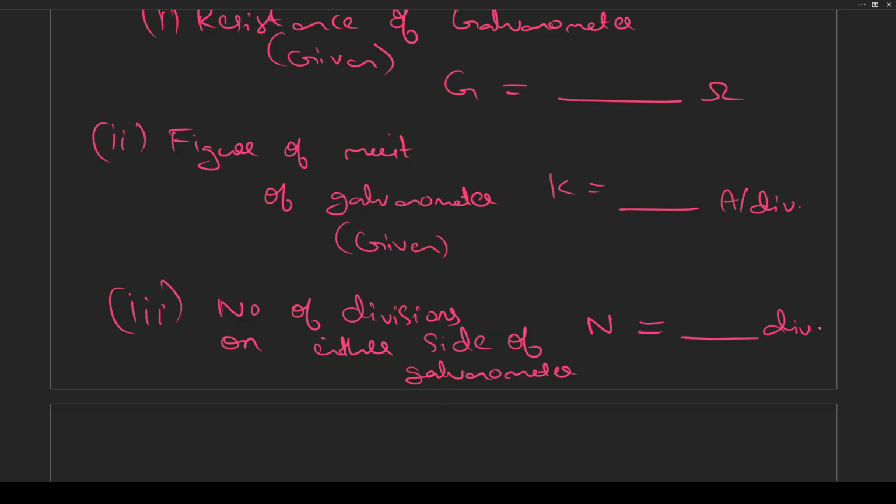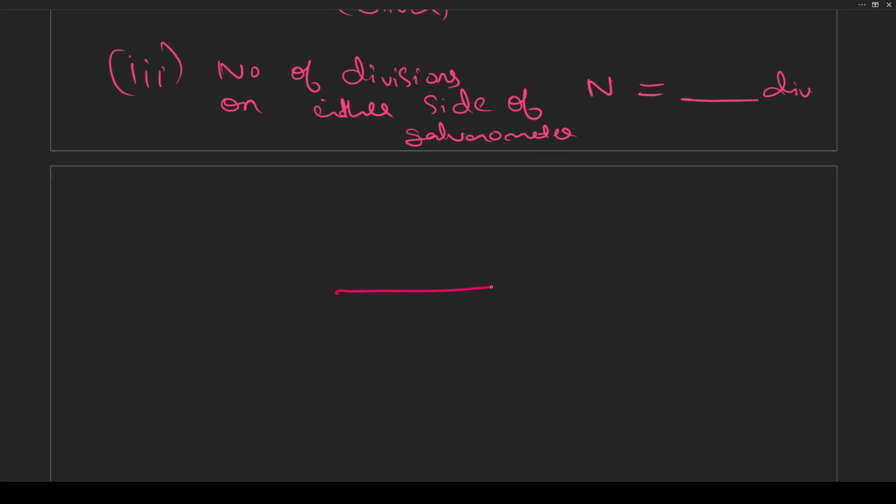It is nothing much. If the galvanometer looks something like this, in this case the number of divisions will be 50, considering the right side or the left side, doesn't matter, just a schematic representation.